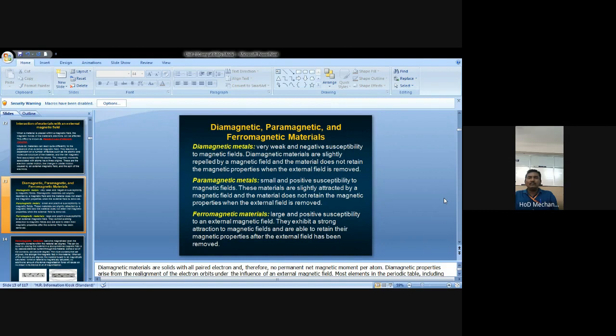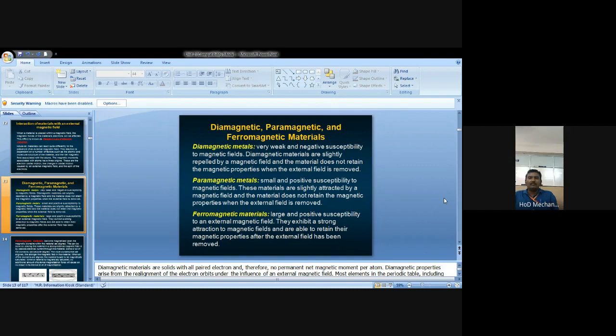So, unlike a ferromagnetic material, the paramagnetic material does not retain the magnetic property when the external field is removed. It has only a small and positive magnetic field susceptibility, which is slightly different from the ferromagnetic material.